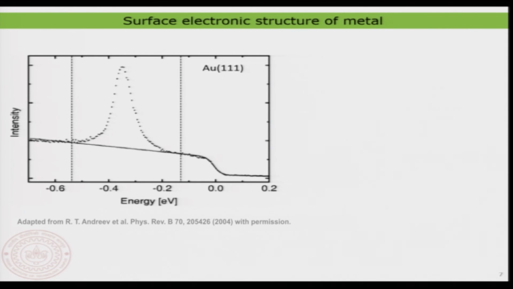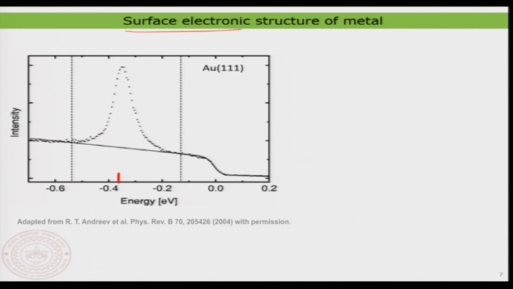When we do that, what you clearly see is that around 400 milli electron volt you have a peak. What is this peak supposed to be? The interesting thing is that you have not seen that kind of peak or step-like feature for the polycrystalline gold or for the thin film of gold.